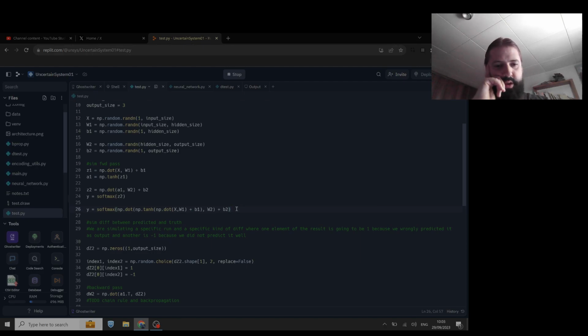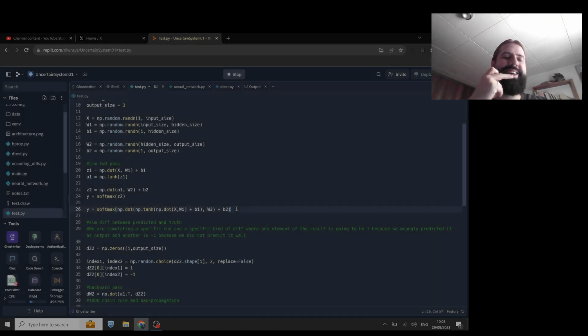That's your function, but you're calculating the derivative of the loss function with respect to these.